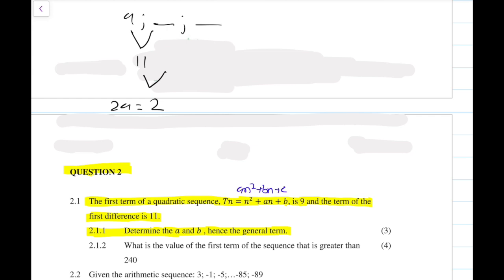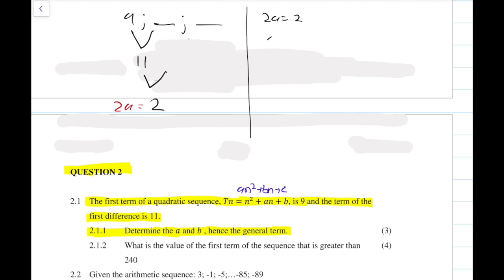And remember, the a value that I'm talking about is in our traditional formula, right? So we know it's supposed to be 2a equal to 2 because we know that a is essentially equal to 1. So 2a is equal to 2. A is going to be equal to 1. Then our second formula is 3a plus b is equal to 11.